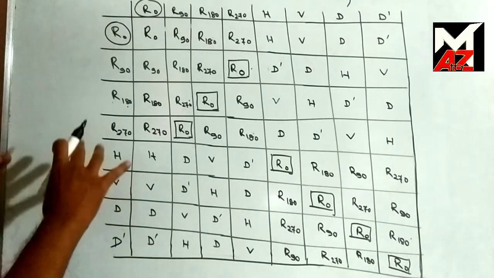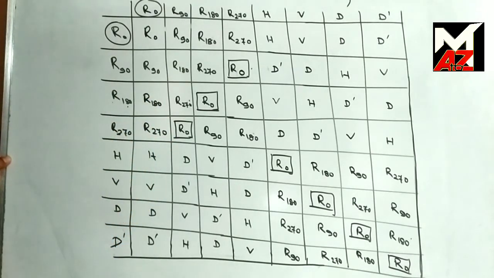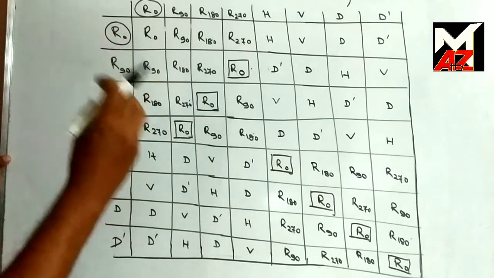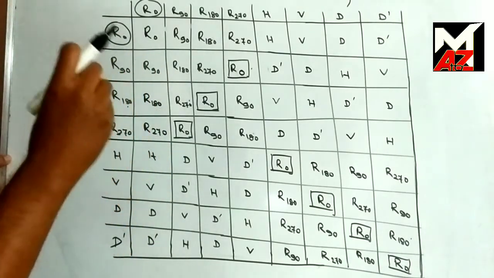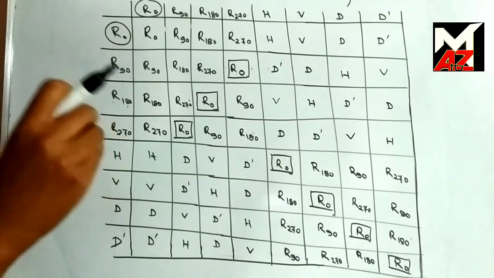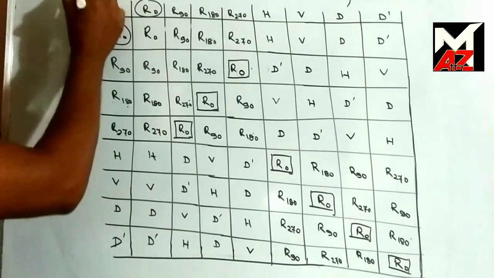So we call it a group because it holds closure, it satisfies associativity, R0 is the identity, and each element has an inverse. It is called Dihedral Group D4.